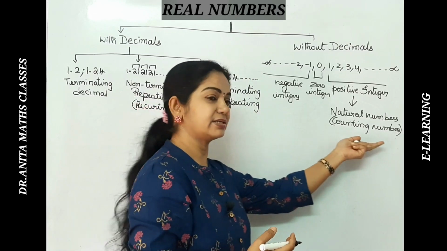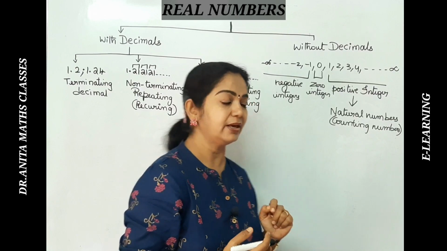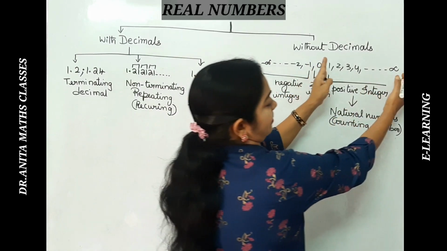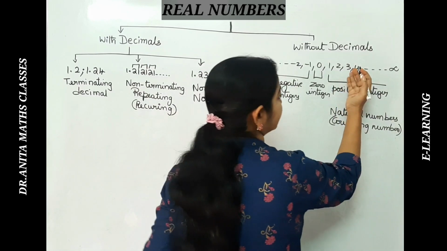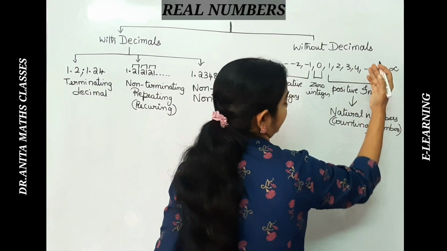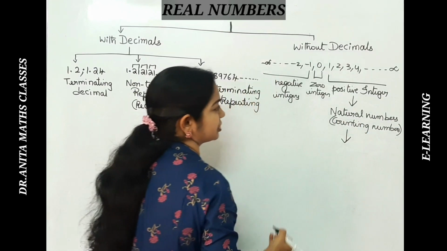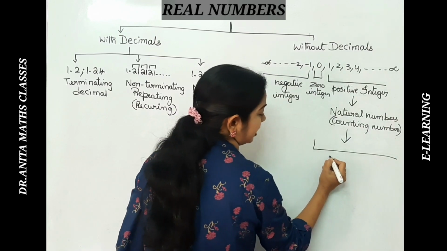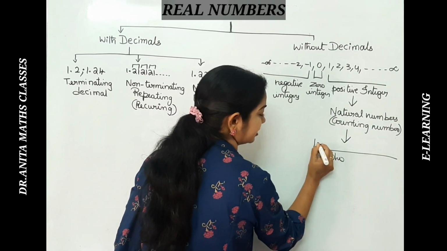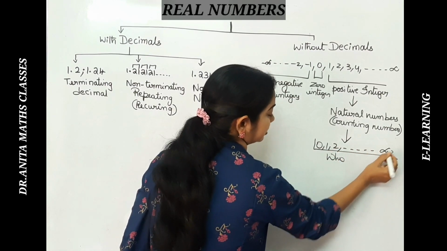They are also called counting numbers, and here 0 is not included. These natural numbers don't have any decimals. And if you consider natural numbers along with 0, they are called whole numbers. Here we have 0, 1, 2 like that.